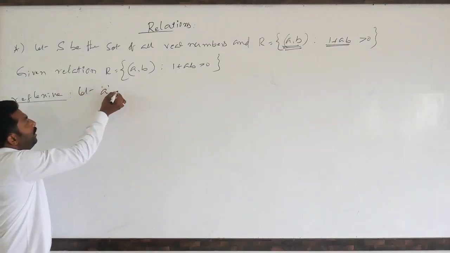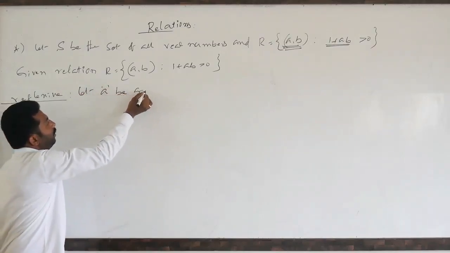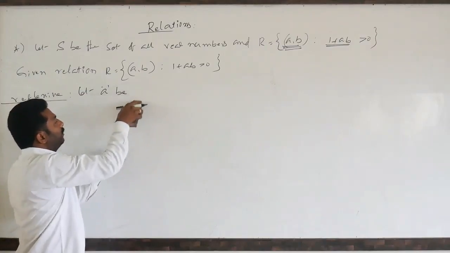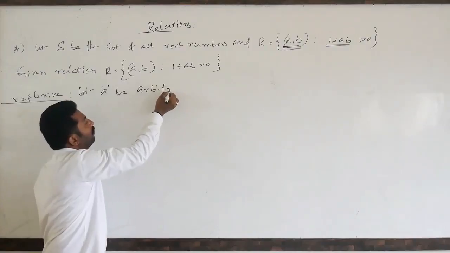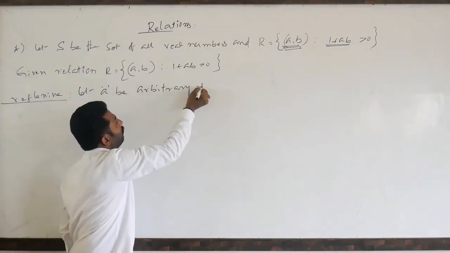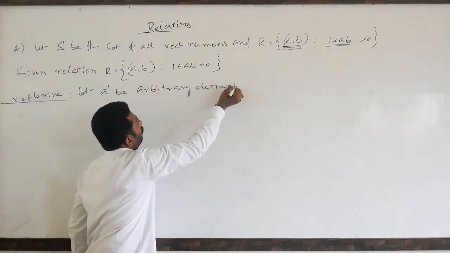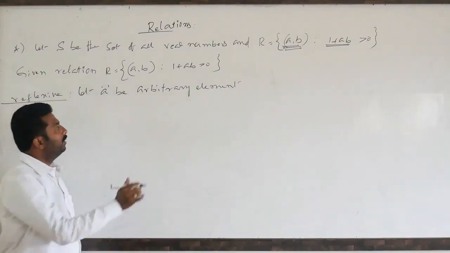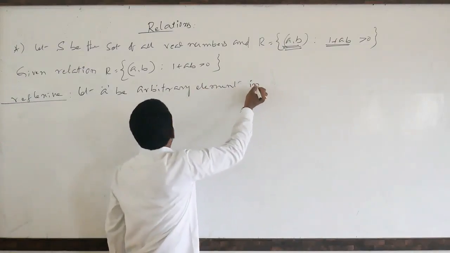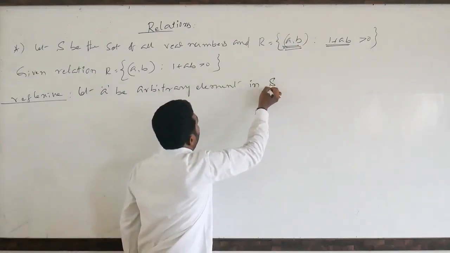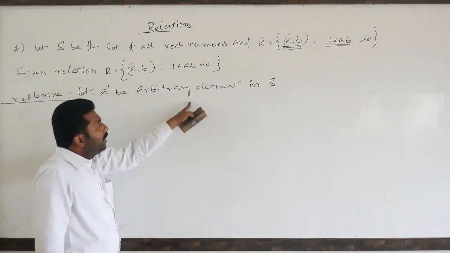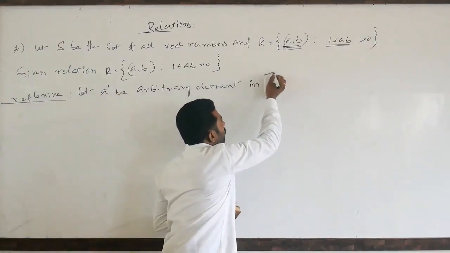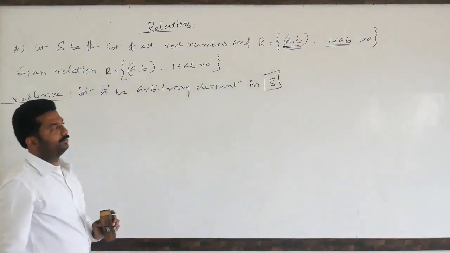Let A be an arbitrary element in the set of real numbers. So randomly one real number we selected from the set of all real numbers.